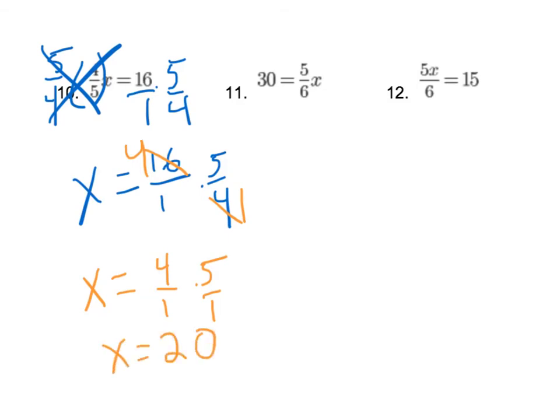5/6 x equals 30, or 30 equals 5/6 x. Multiply each side by 6 over 5. Alright, let me clear this space up a little bit.